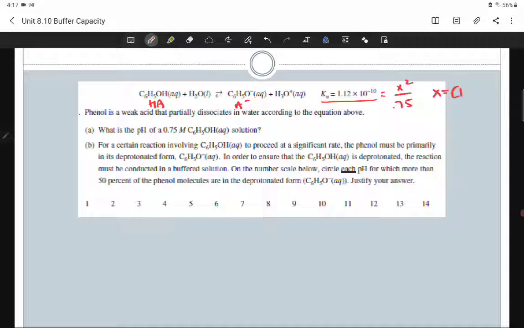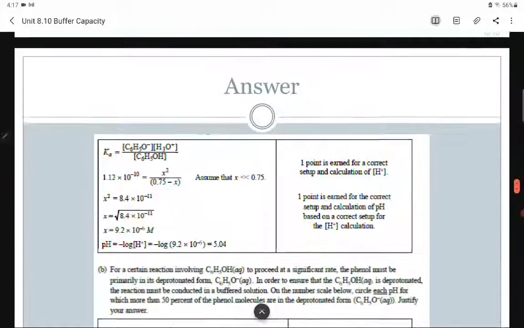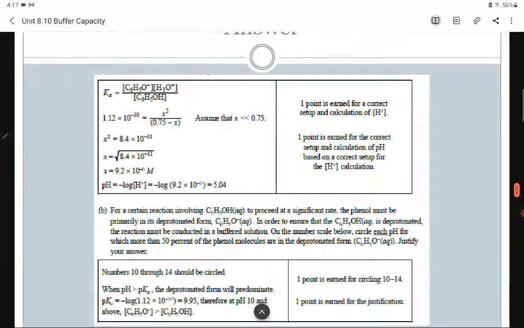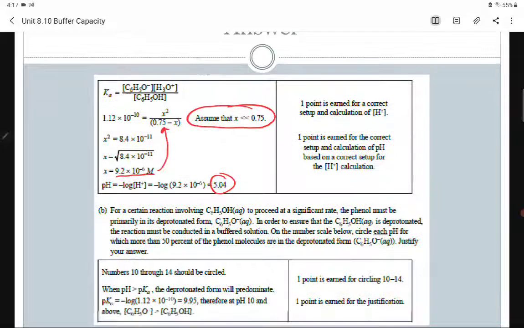Solve for x, that's hydronium, and then you can get pH from that. And we'll check out some answers. 5.04. Remember that we've been making that assumption over and over again. If we look at that x value, it certainly does not impact 0.75, so we were able to do that.